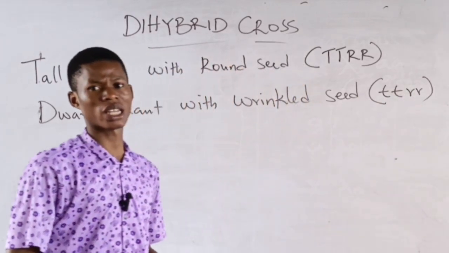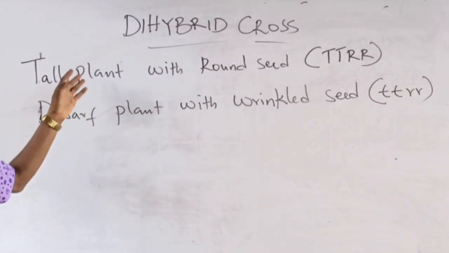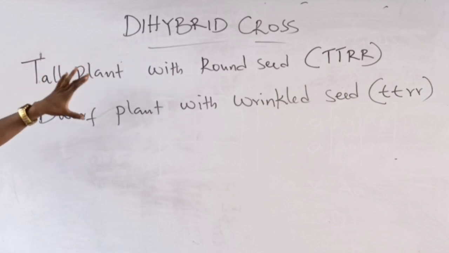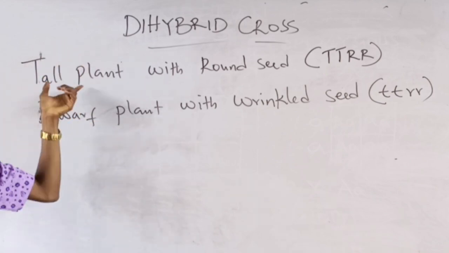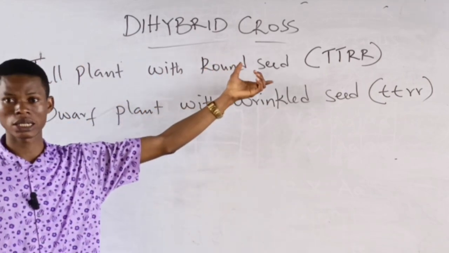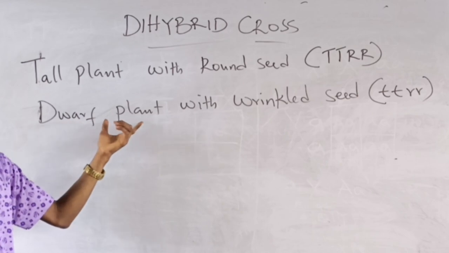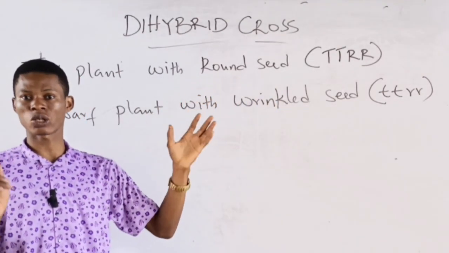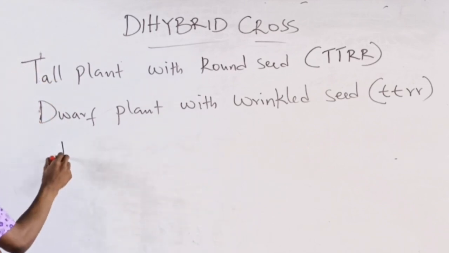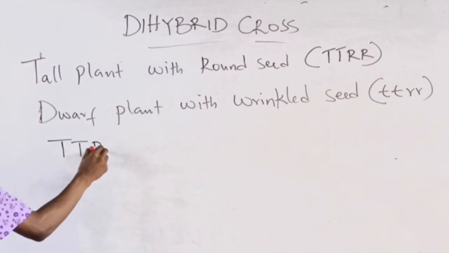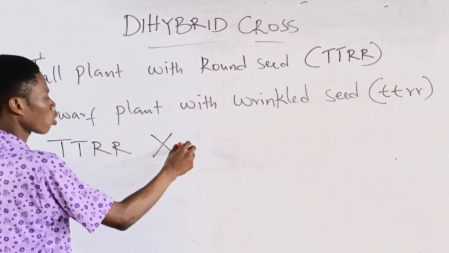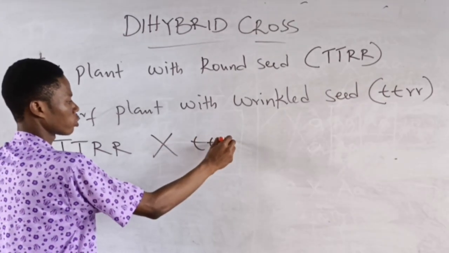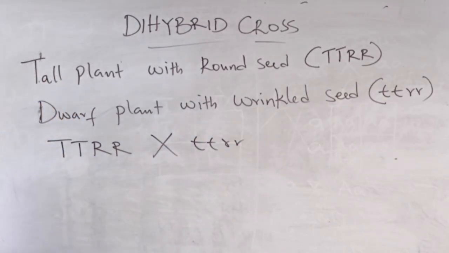Now, if you are given something like this to do, if you are to cross this plant with this plant, this plant is a tall plant with a round seed, while this one is a dwarf plant with wrinkled seed. So you can see that we are looking at two contrasting characters, right? So if you are asked to cross this first one with this second one, how do you do that?